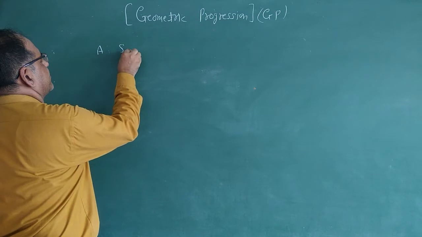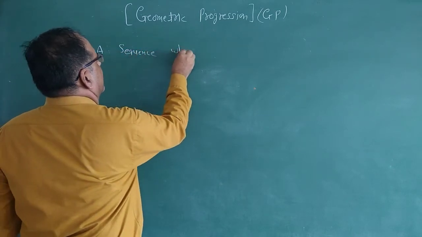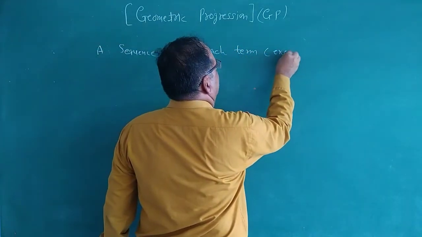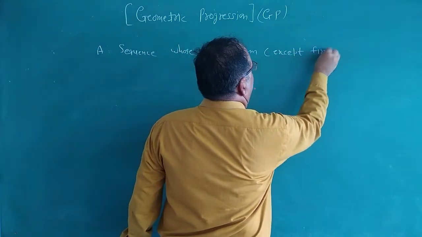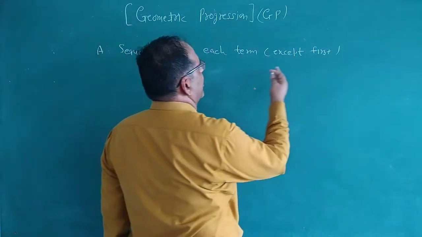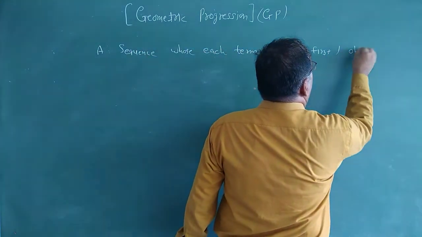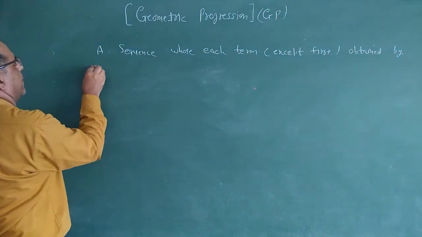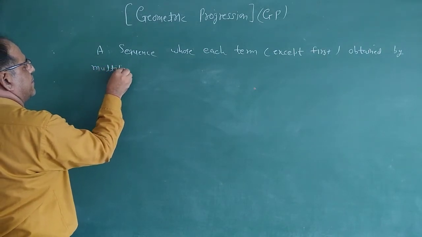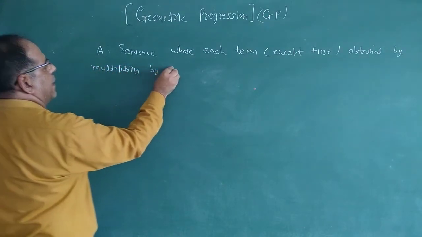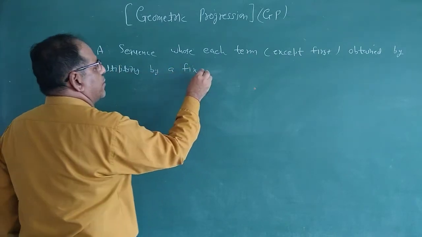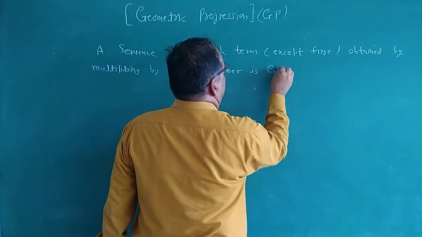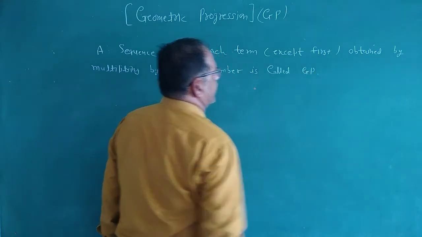A sequence whose each term except first is obtained by multiplying by a fixed number is called geometric progression, GP.